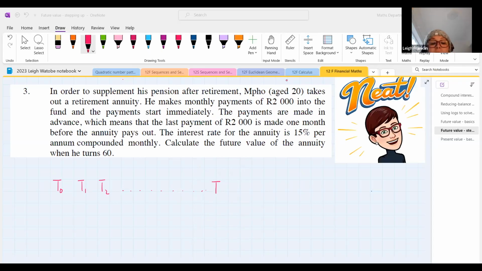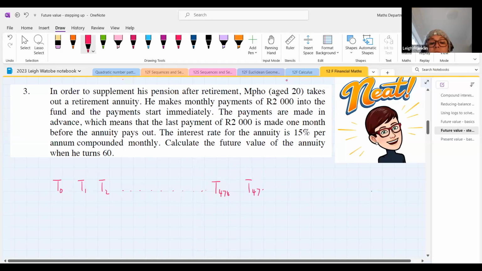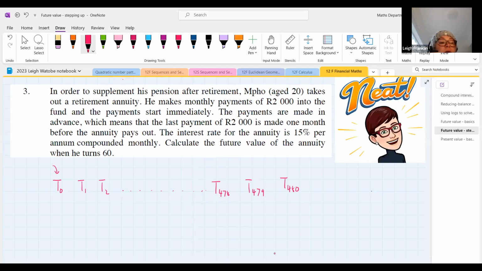So I'm going to write here T478, T479, T480. Here is when Mpho is 20, and over here, Mpho will be 60 years old.